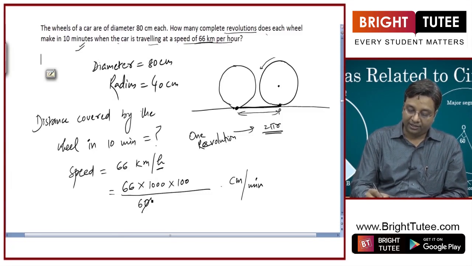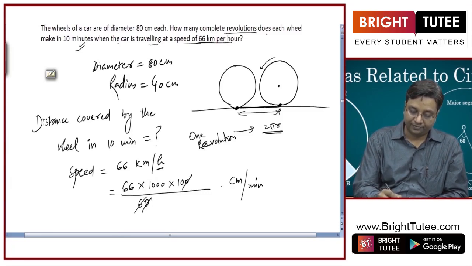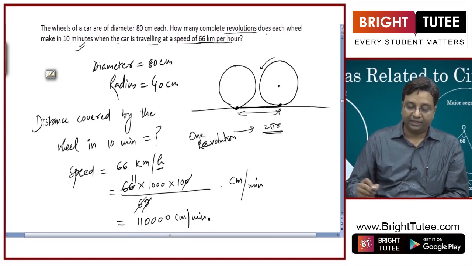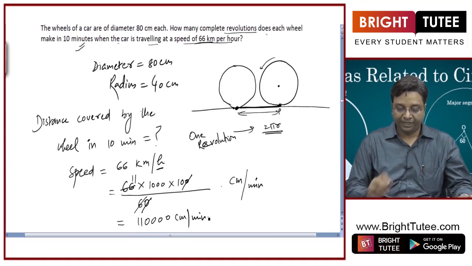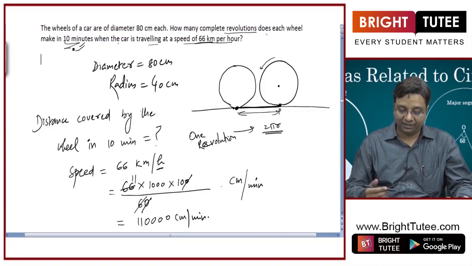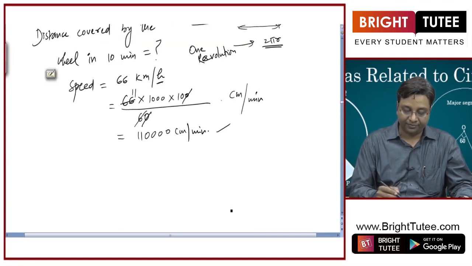Now, you can cancel this. This is 11, 1, 2, 3, 4 zeros. Centimeter per minute is the speed now. In 10 minutes, what will be the distance travelled with this speed?